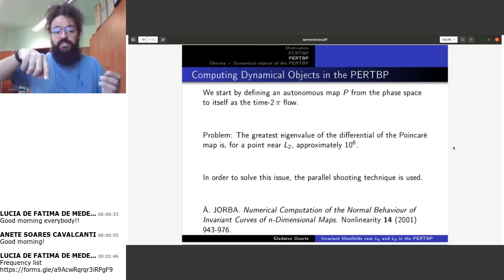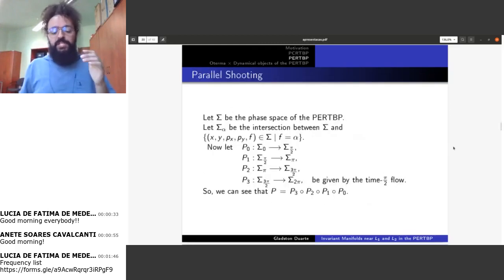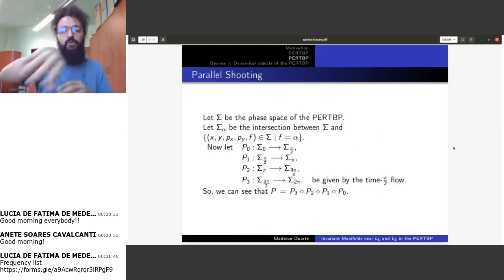With 4 pi integration, we already have nothing. So in order to solve it, we use a technique called parallel shooting, which is, instead of defining just one time section, we define more than one time section, and then our flow is from one to the other.